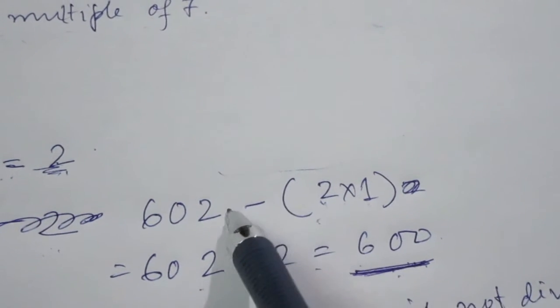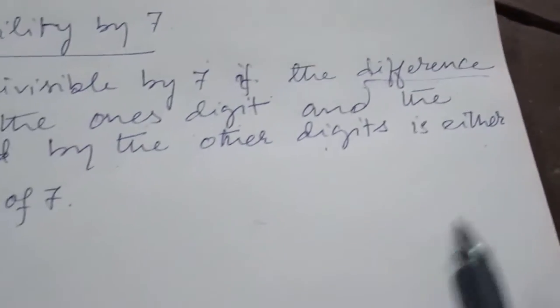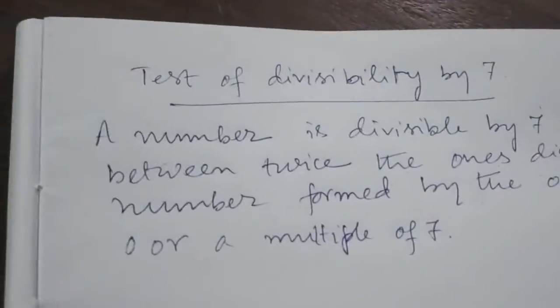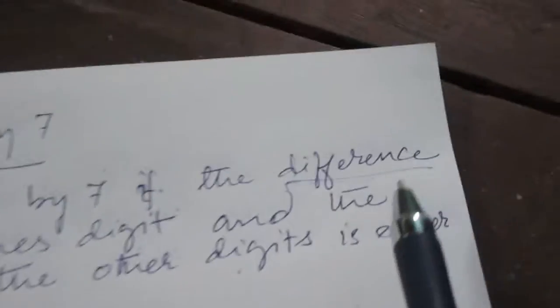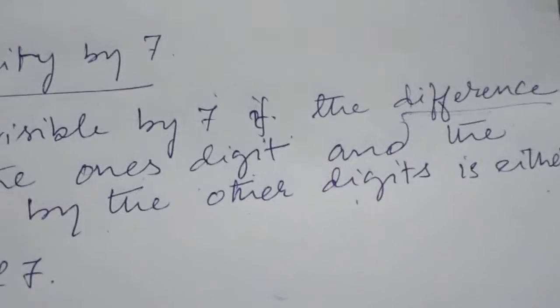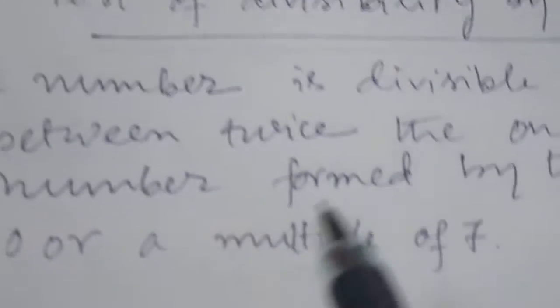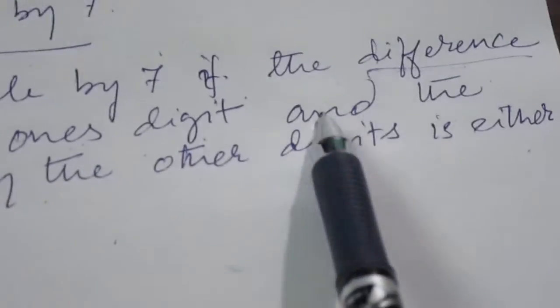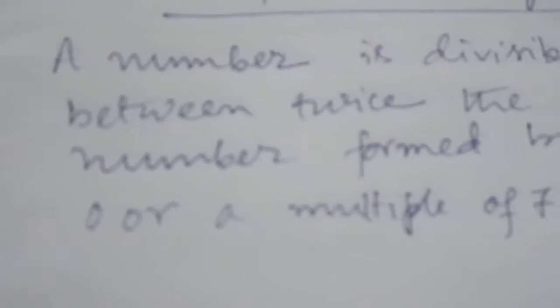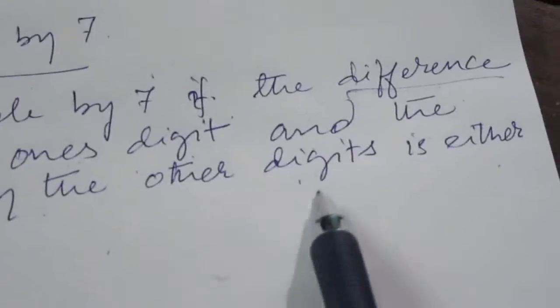As you have to find the difference, I have written here minus. And we have to find the difference between twice the ones digit and the number formed by the other digits.